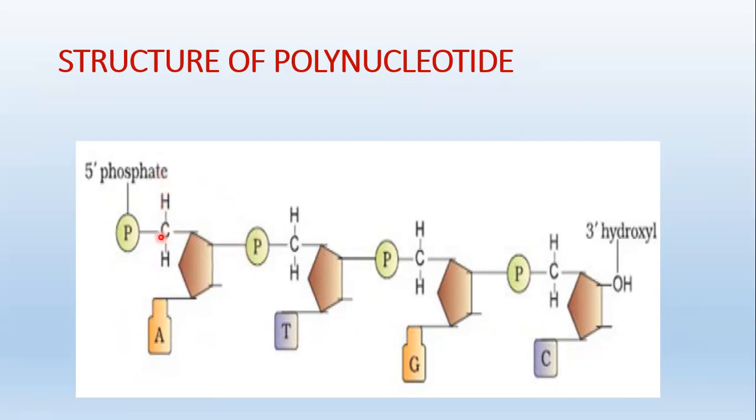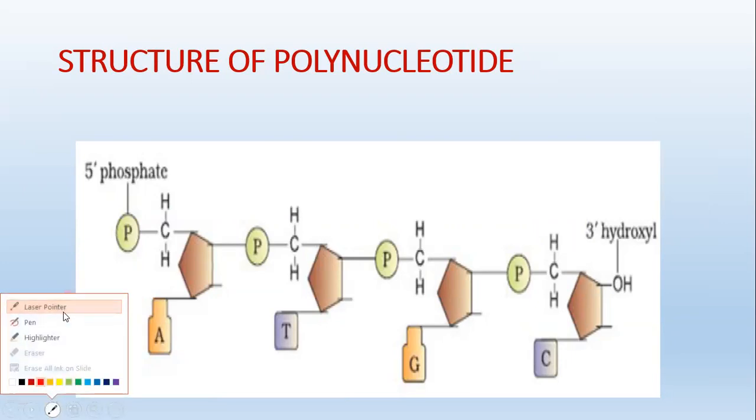So this whole structure is called a nucleoside. And when the nucleoside is connected to a phosphate group, then it is called a nucleotide. And how is the nucleoside connected to the phosphate group? There is a bond. What kind of bond is it? The bond is a phosphoester bond.